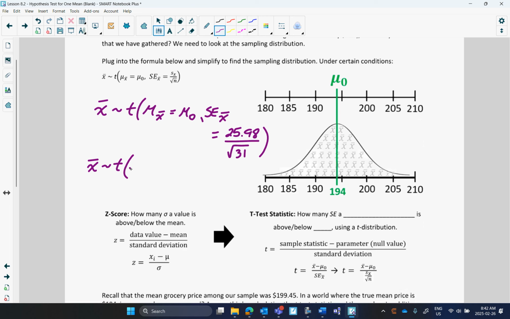So the average of our sample means, if we took several, is going to be the null mean, 194.